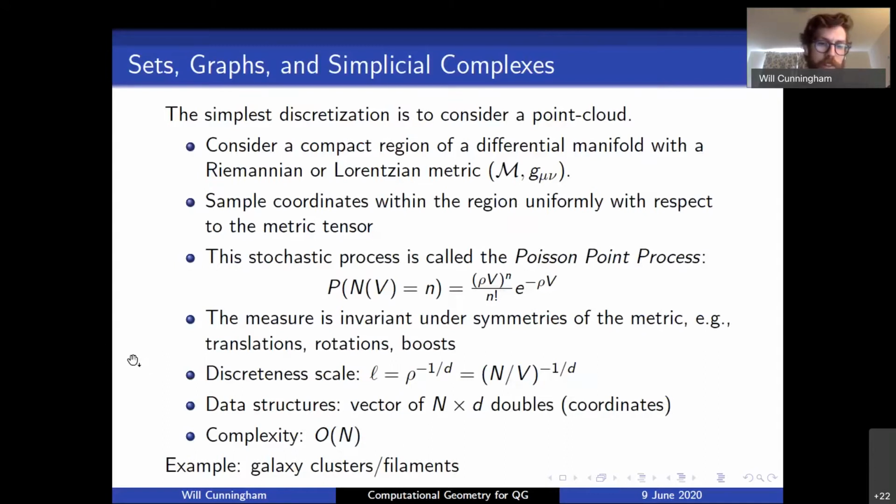Where we might see this, for instance, is if we're looking at galaxy clusters or filaments. In this case, in large-scale simulations or even observations, we might see pairwise distances between galaxies.